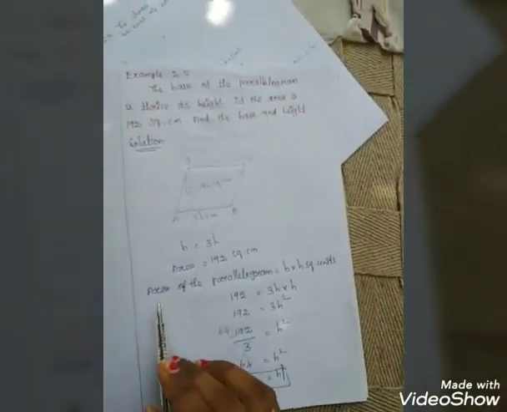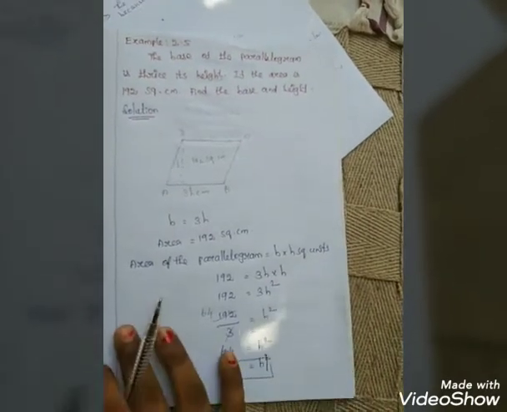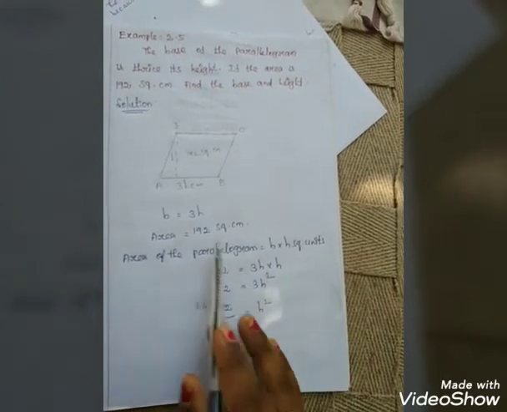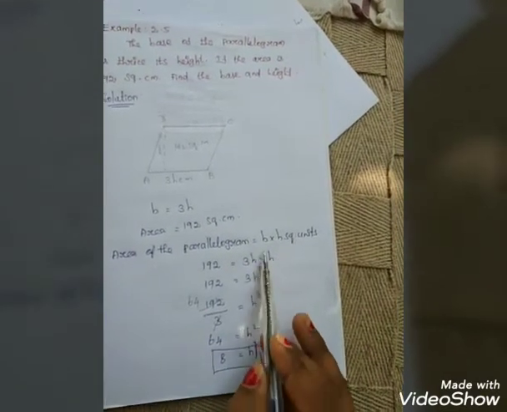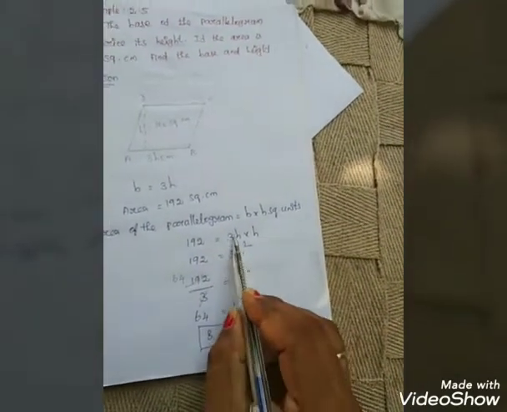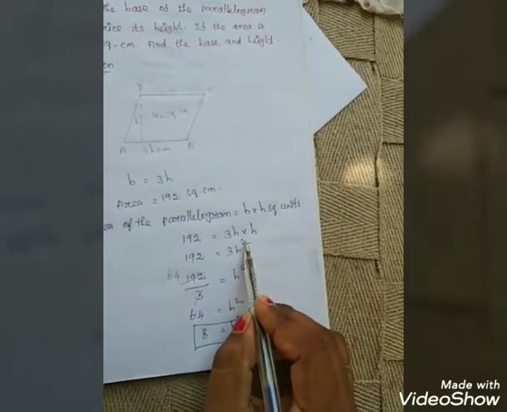So already know the formula. Area of the parallelogram is equal to base into height square unit. Area of the parallelogram is 192 is equal to base 3h into h, we find out the value of h, okay. 3h into h is 3h square, okay.